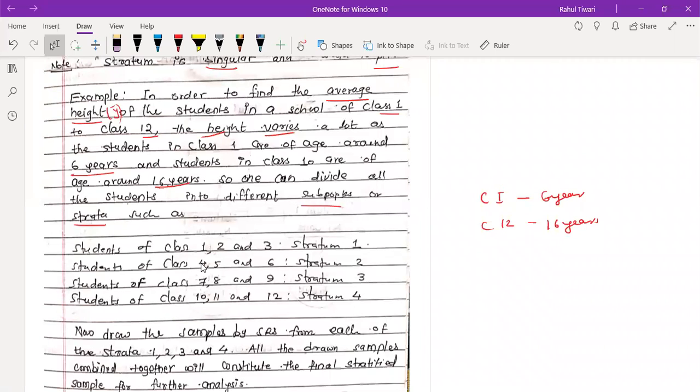So taking the data from class 1 and then drawing data from class 12, it is basically heterogeneous data.